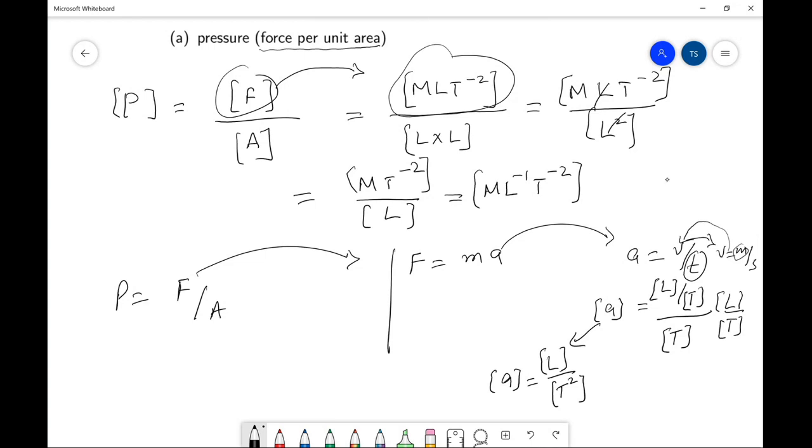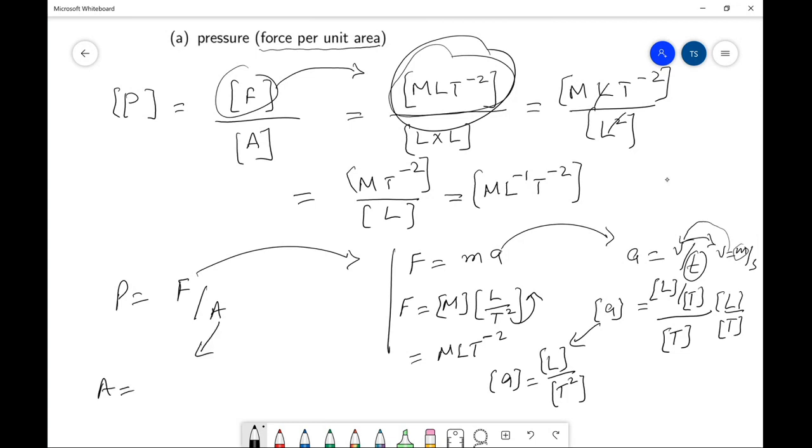Okay, substituting the acceleration in there, I will have m for mass and L divide T squared. Then I can write MLT minus 2 when you move it up, similar to how I mentioned it here. Similarly, for area, you would say area is equal to length times length. And if we're talking about dimensions, that is L squared. So this is the same as how I did this one.